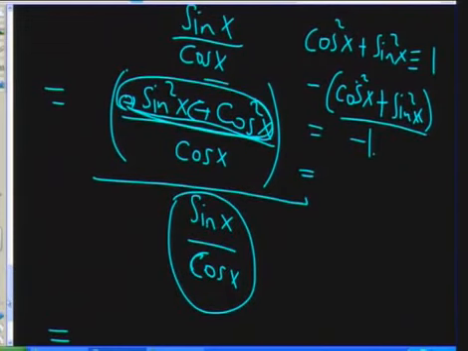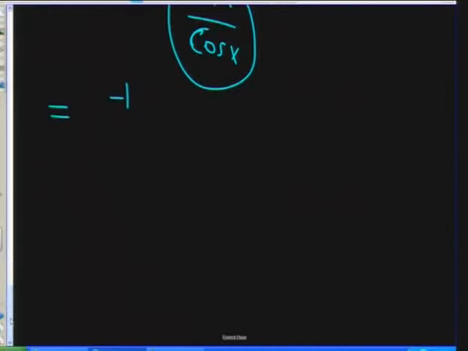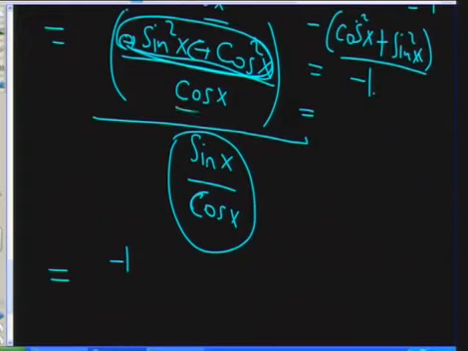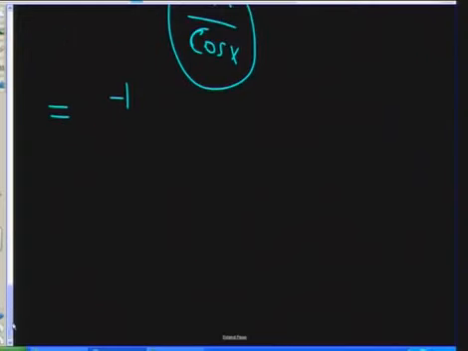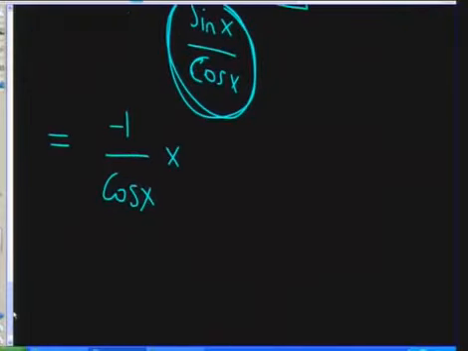So I am going to now rewrite it for your convenience. This is negative 1. Let me just extend my page. And then don't forget about this denominator. It's cos x. And then we're going to now multiply by our denominator, which is now cos x over sine x after inverting.